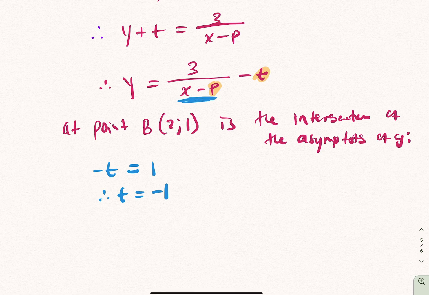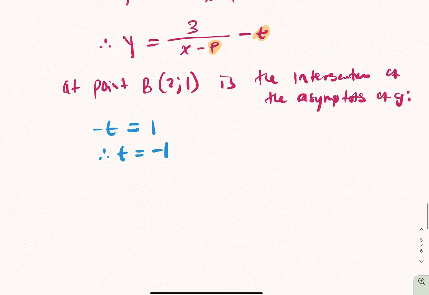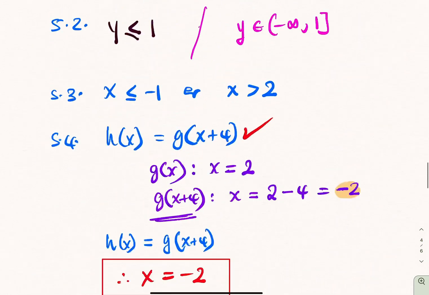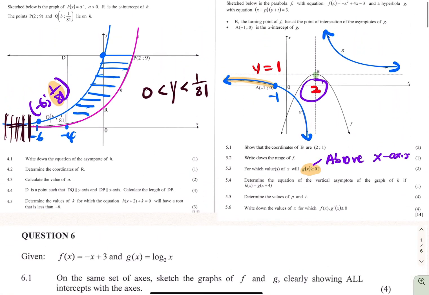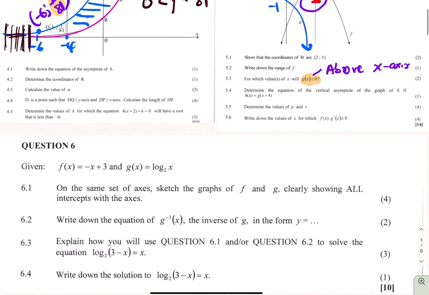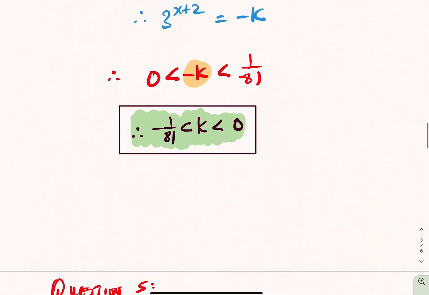You can do the same, but be very careful. Let's check the graph, the way the sketch is given to you. You have it in the positive direction scale. So your P there is going to be positive 2.